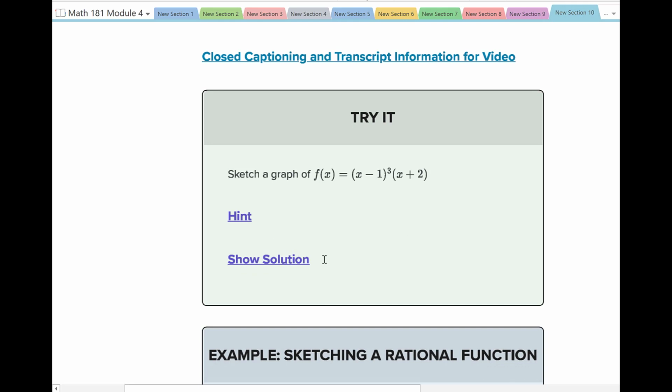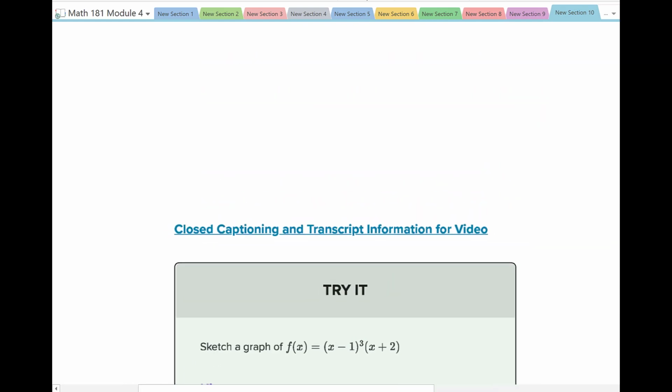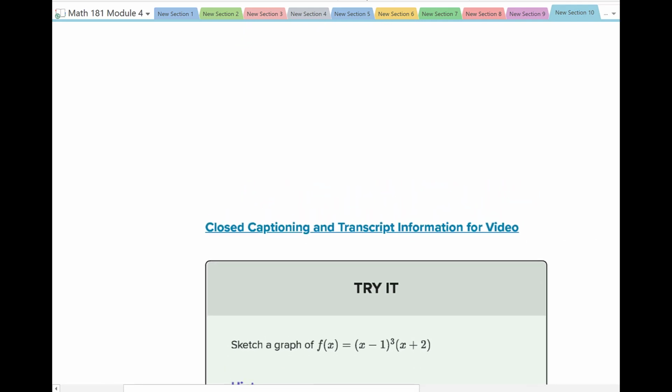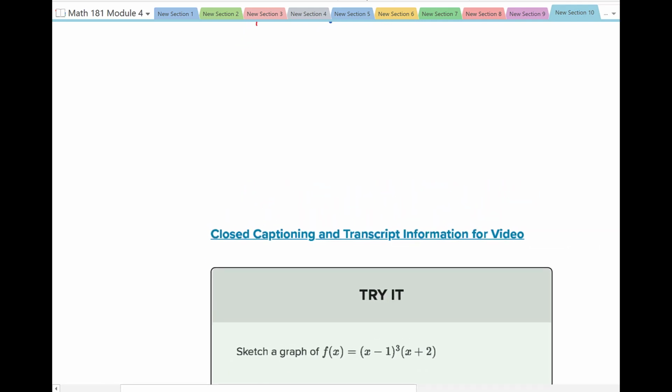Sketch the graph of f of x equals x minus 1 cubed times x plus 2. So I did a lot of side work on this one. So I'm gonna, I guess, start it right up here because we really need the space to work on these problems.